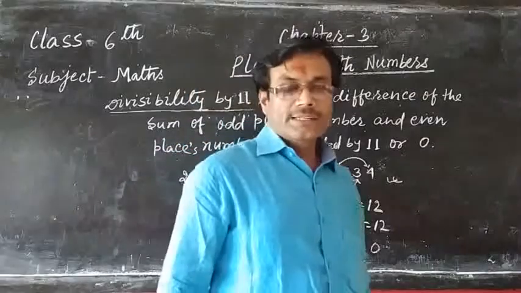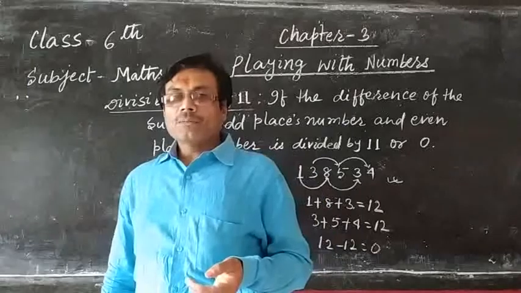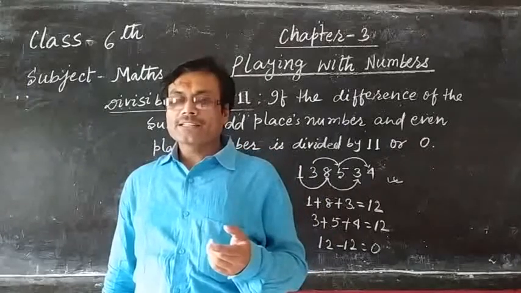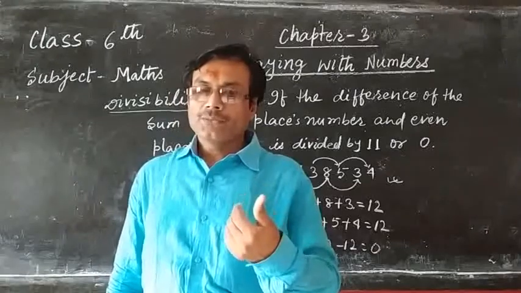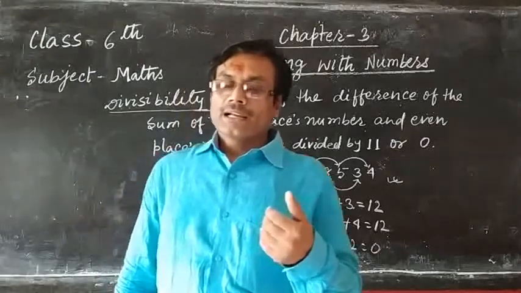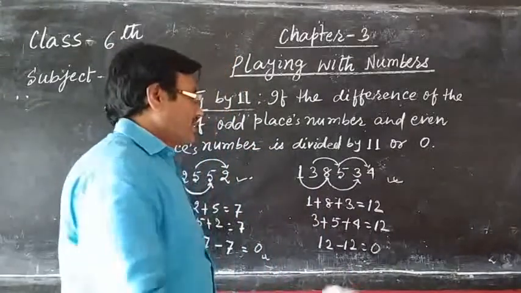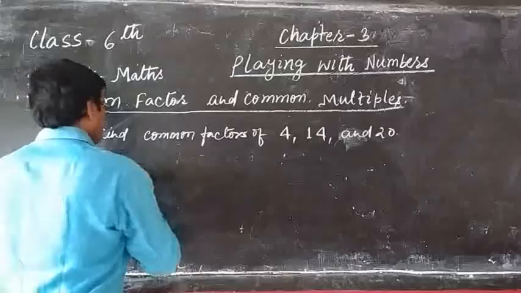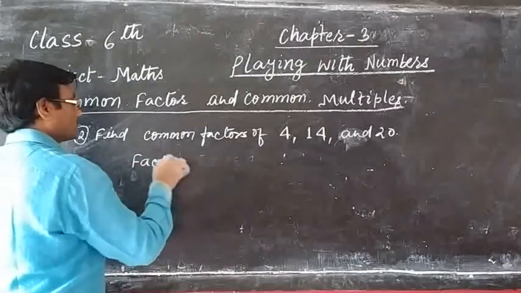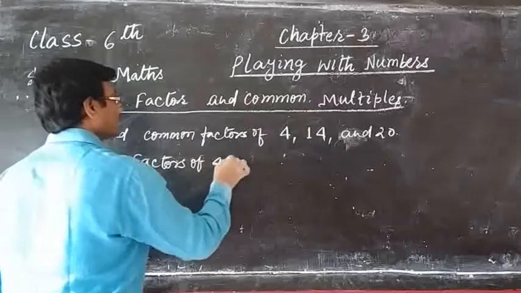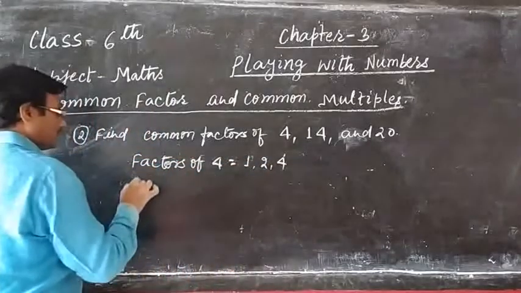1,38,554. Okay. Now we will learn about prime factorization, common multiples and common factors. So see what are common factors and common multiples. Factors of 4: 1, 2 and 4.